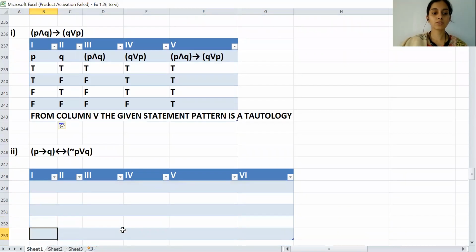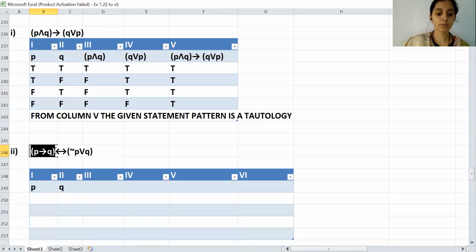Let's begin with the next question now. What do we require in this question? We require P, Q. Then we require P implies Q, so let's just copy this here. Then we require negation P, so let us put in negation P also.